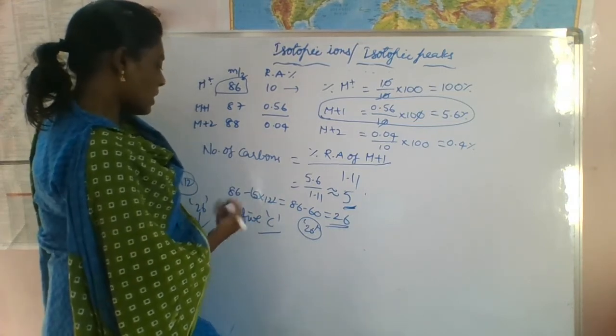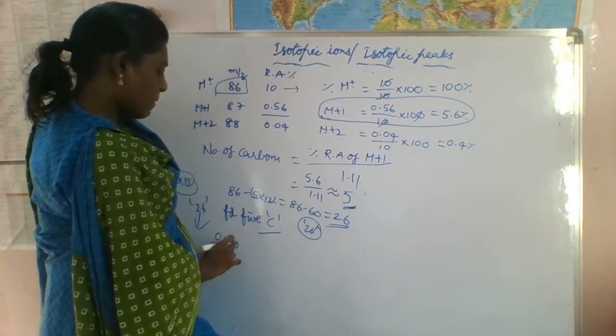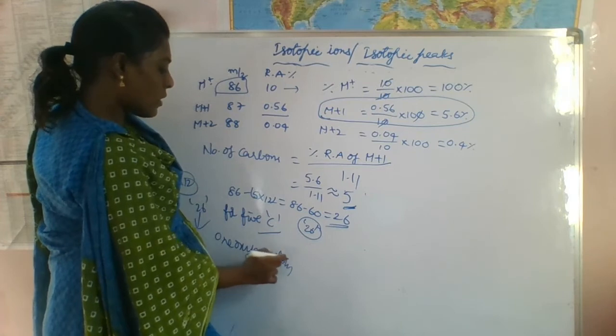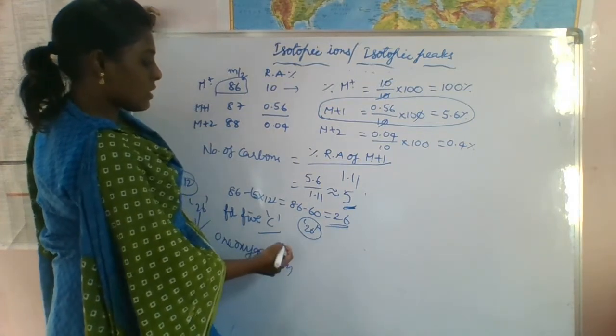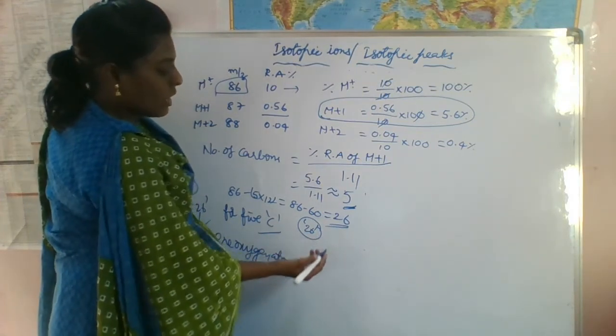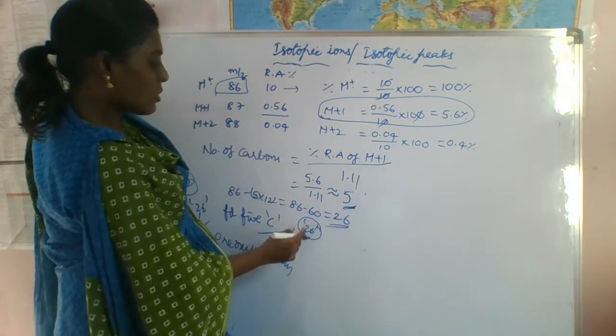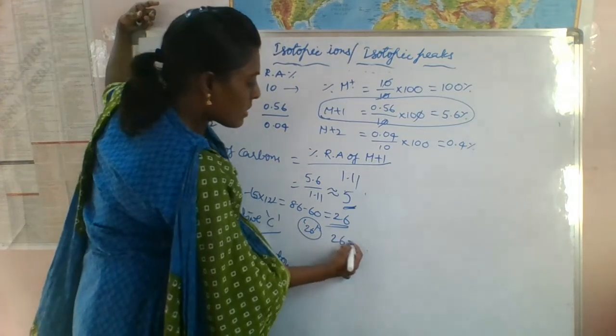If you assume there is one oxygen atom, so what is the mass of the oxygen atom? It is 16, right? So if there is one oxygen atom, we have to subtract 26 minus 16.